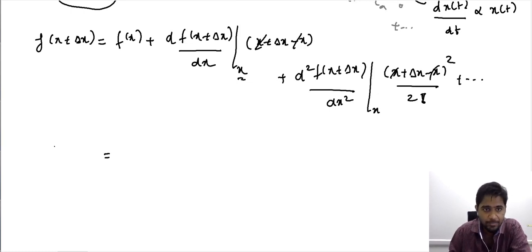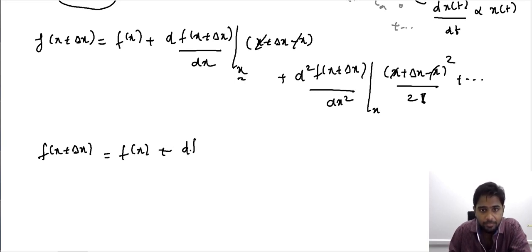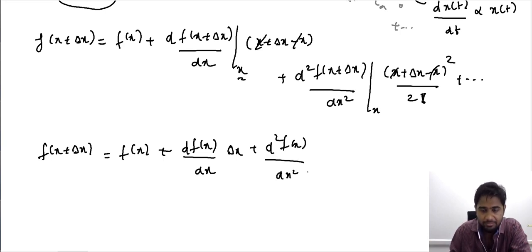So correspondingly the Taylor series expansion of f of x plus delta x can be written as f of x plus d f of x by dx delta x plus d square f of x by dx square delta x square.